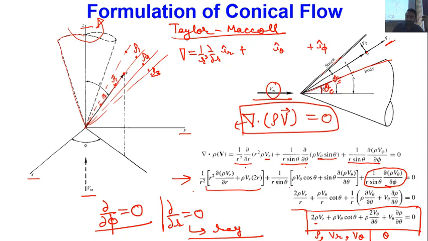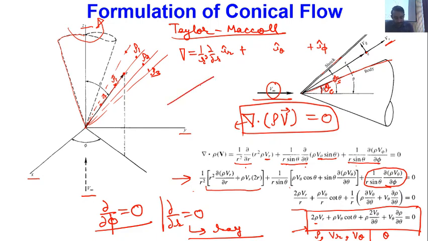Okay, if I say that this continuity equation is applicable only along a single ray, in that case I can even equate del by del r also equal to 0, and finally I will be getting this as the final form of continuity equation. And in this continuity equation I have three variables, rho, v r, v theta, and these all are depending upon a single variable theta. So situation is very clear.